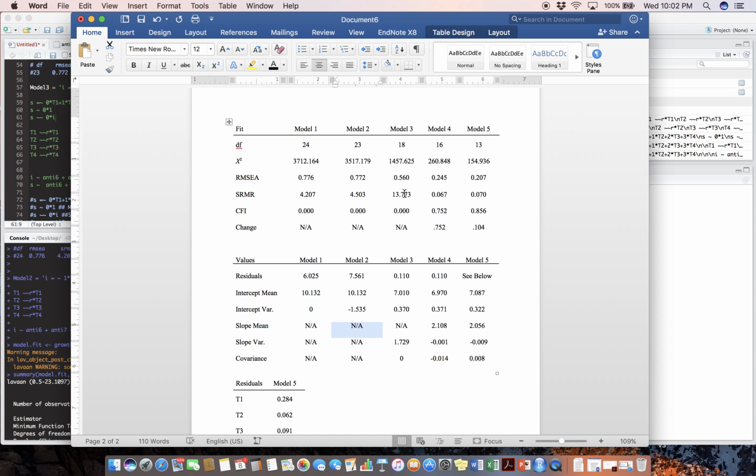These other two will hopefully catch up as we move from Model 3 to 4 and 4 to 5. But again, we're seeing the differences in what we allow to be constrained and what we allow to be free and varying. So from Model 2 to Model 3, we see that our mean is the same, but because we allowed our mean to vary, we see a different intercept mean.